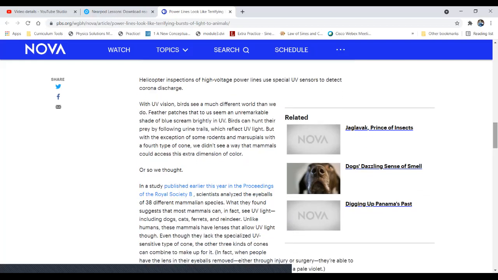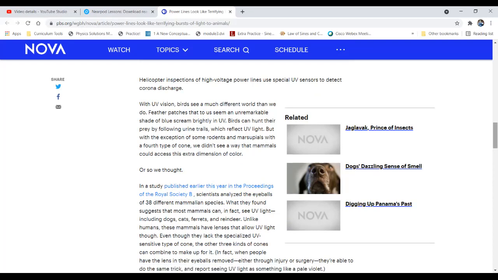And now they're using helicopter inspections of these high voltage power lines using these special UV sensors, and they detect that. One of the reasons they've done that is because birds see that differently than we do.